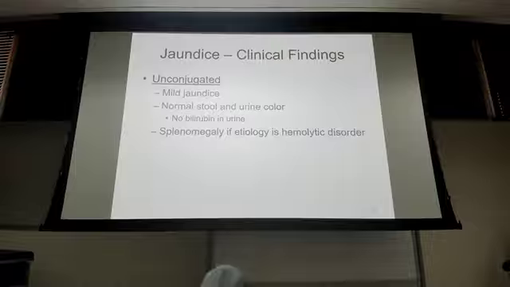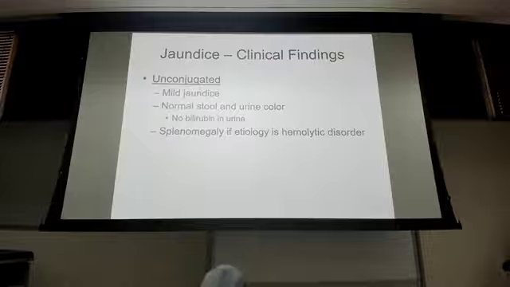So unconjugated jaundice findings, usually mild. Normally the stool and the urine are going to be normal color, which these are going to be the differentiators between when we start talking about conjugated jaundice, or jaundice from conjugated bilirubin. So for jaundice from unconjugated bilirubin, usually mild, not like the gentleman we saw in the picture.